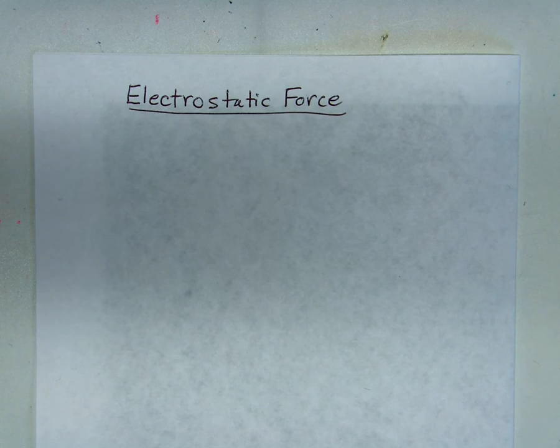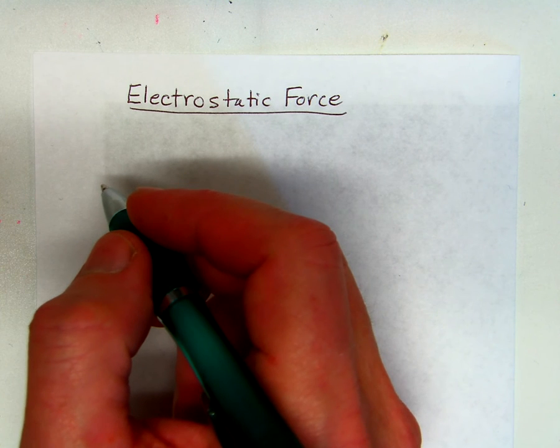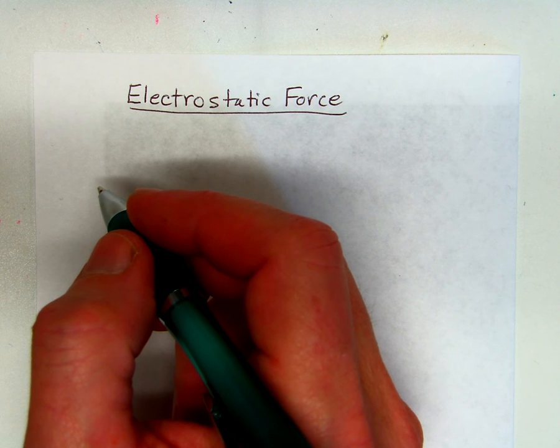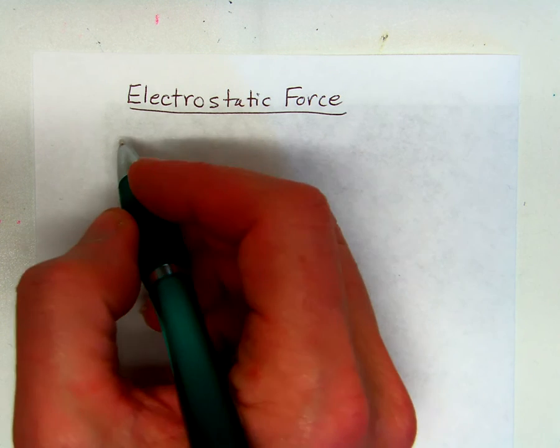Okay, so one thing that they found as scientists started looking at electricity, and this goes back to about the time of Ben Franklin, and he was actually one of the big scientists in the field, was what causes this static electricity.